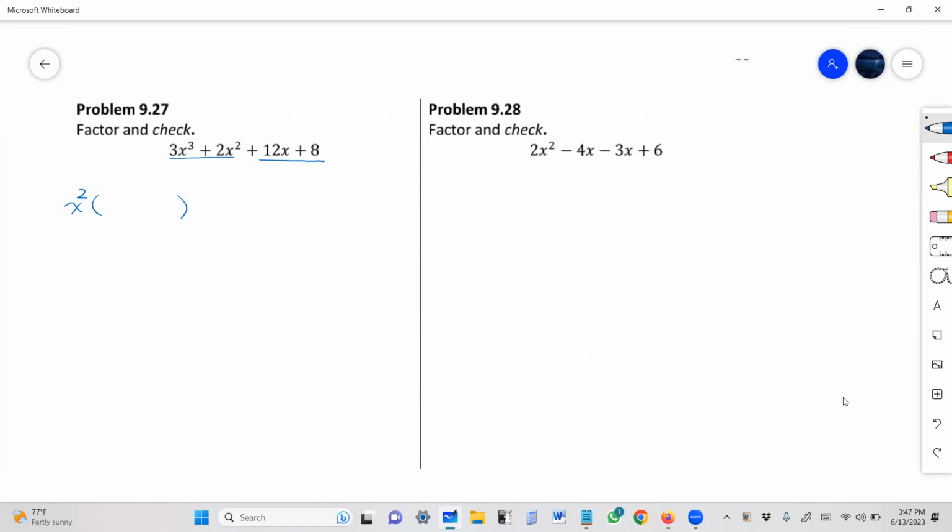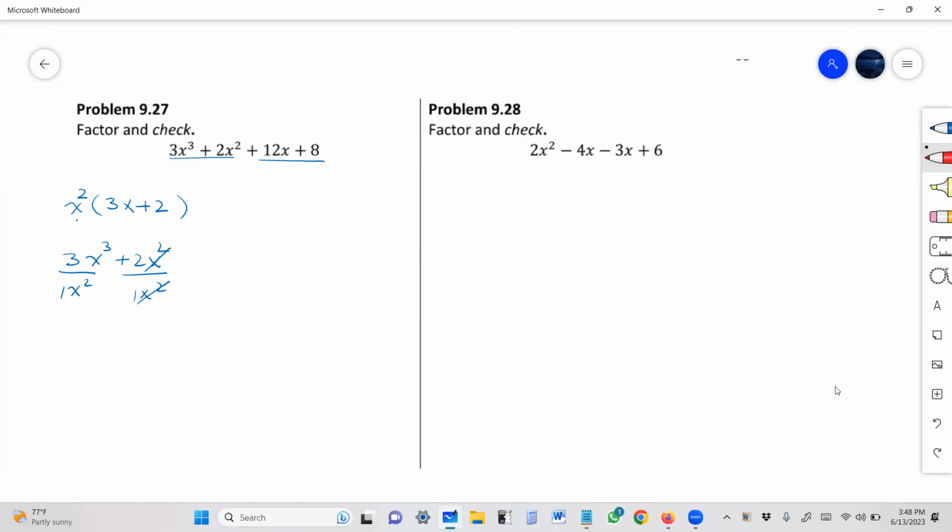For the terms inside the parentheses, you are going to do 3x cubed plus 2x squared, each divided by the GCF x squared. 3 divided by 1 is 3. x cubed divided by x squared, properties of exponents, quotient rule, is x. Positive 2 divided by 1 is 2, and x squared divided by x squared cancels. That's the first factoring for the first group.